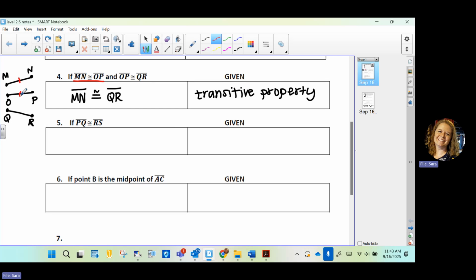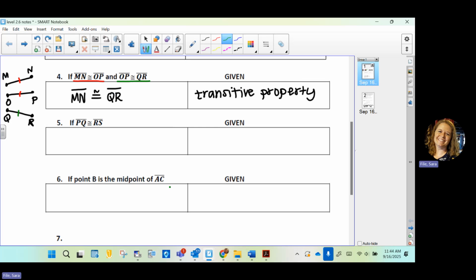So you could put tick marks on those. Those are congruent. And then they told you OP is congruent to QR. Well, I already have one tick mark on OP, so I can put one tick mark on QR. And so now MN and QR both have one tick mark, don't they? So they're the same as well. That's what we're getting at with the transitive property.